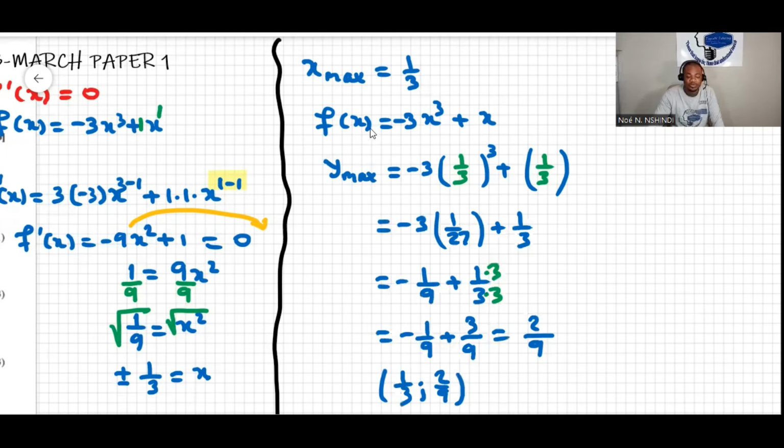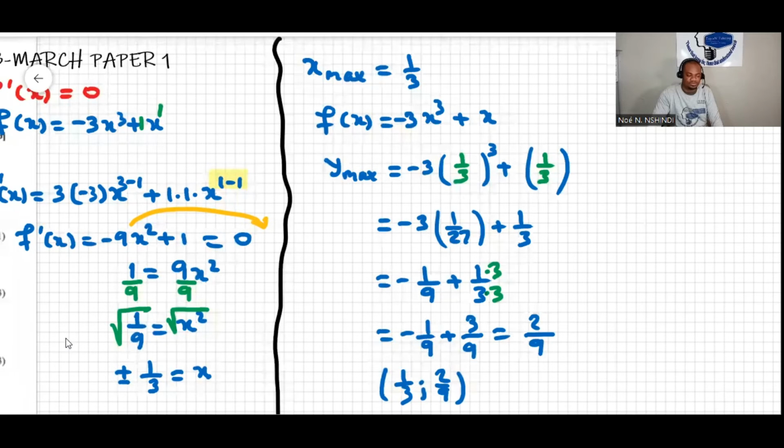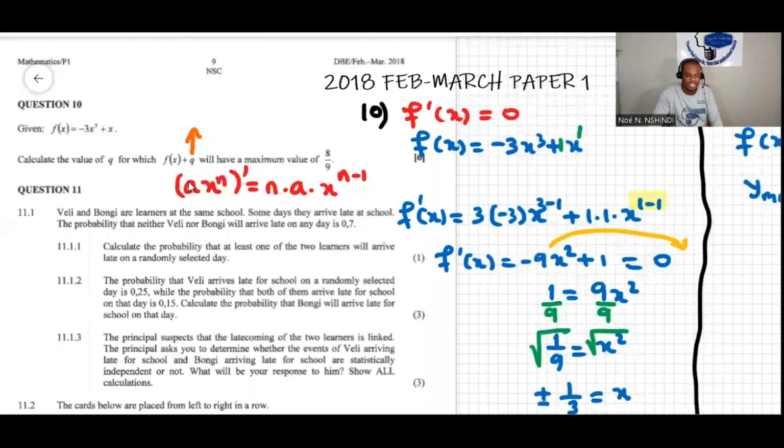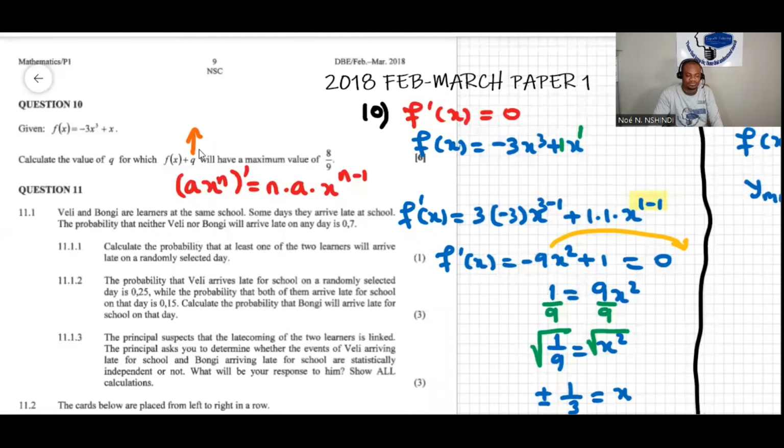But now the question is about f of x plus q, that's the vertical shift. They said it will have a maximum value of 8 over 9.